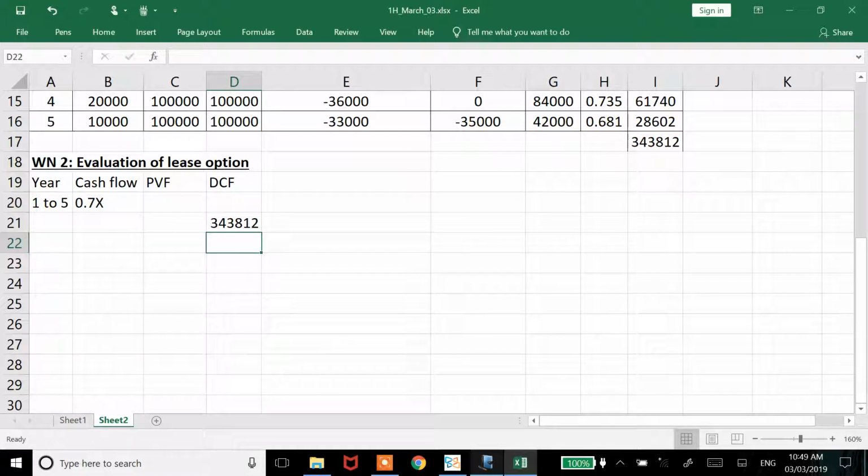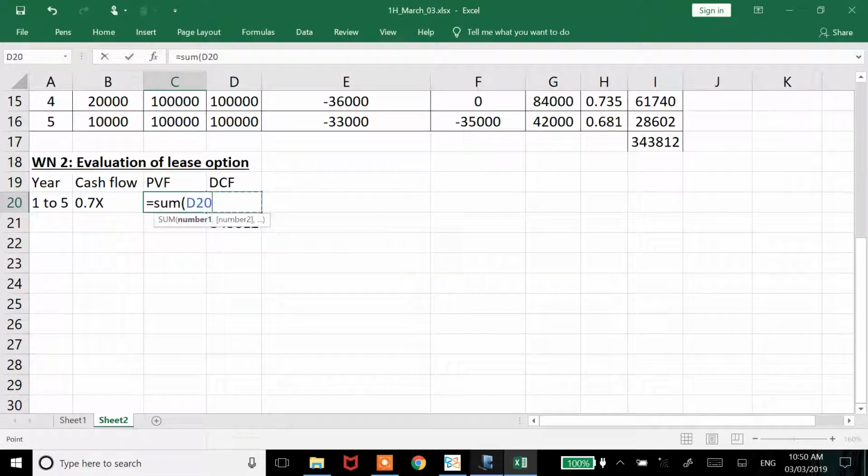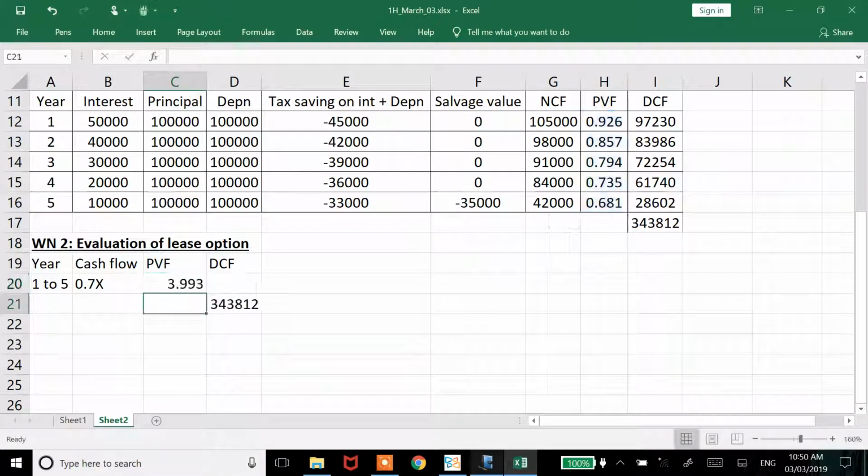If it's not 343,812, then indifference does not exist. So I will be indifferent between loan and lease if my present value of outflow of the lease option is also 343,812. So my PVF will be this number, which is 3.993.